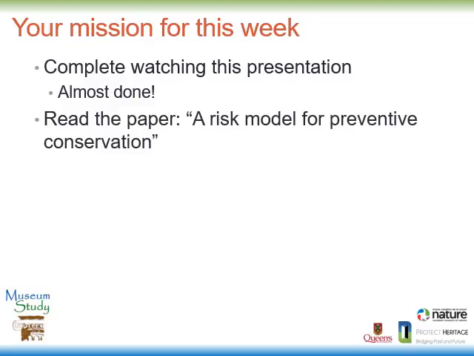I'd ask you to read the paper, A Risk Model for Preventive Conservation, in which we describe how a hierarchical model can lead from the ultimate goal of benefiting society, the continuance and betterment of society as our ultimate goal in preserving collections, right down through our operational goal of preserving the collection, through to details like how much training do our volunteers get, what temperature is the thermostat in the collection room set at.